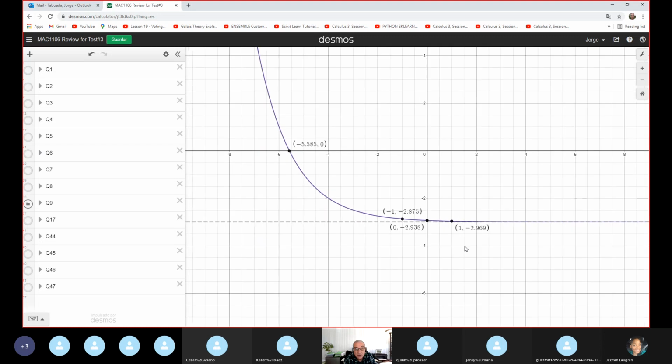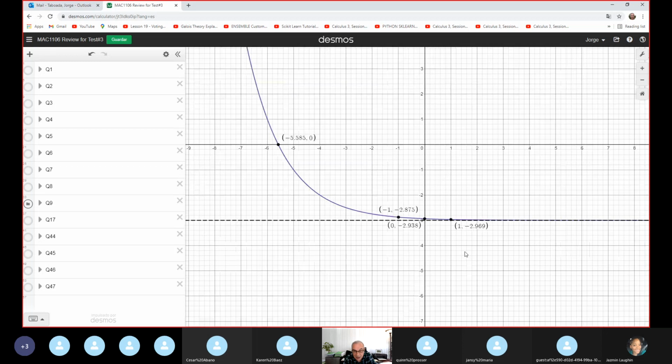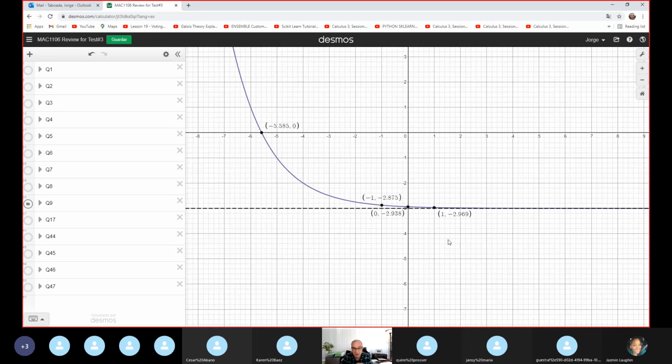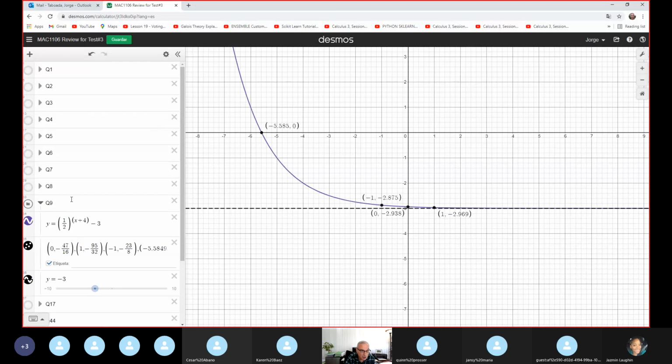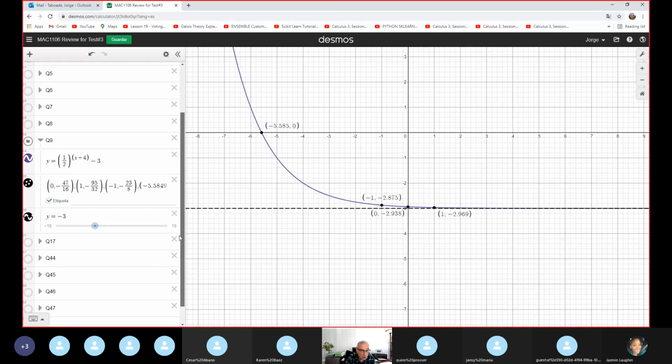This is the question number 1. Okay, you have one curve like that, because we are working with exponential decay. How do you know? Because the base is 1/2, less than 1. Therefore, this is exponentially decreasing. Now we have the horizontal asymptote at y equal negative 3.